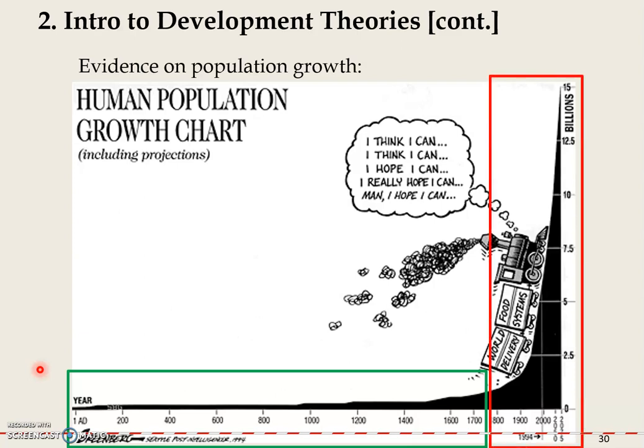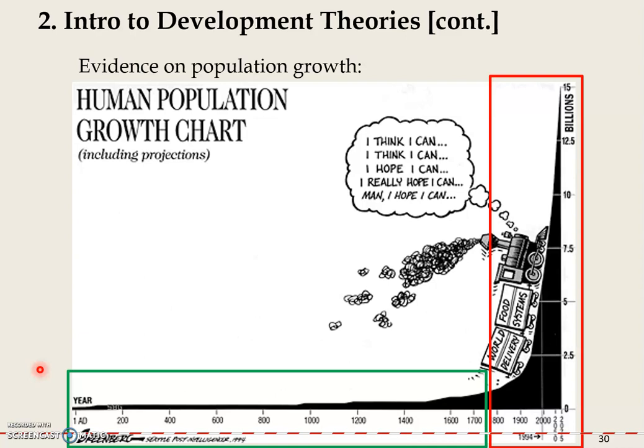However, in the past 200 years, our world population grew from 1 billion all the way to above 7 billion. In the next few years, some estimations say we could hit 8 billion.